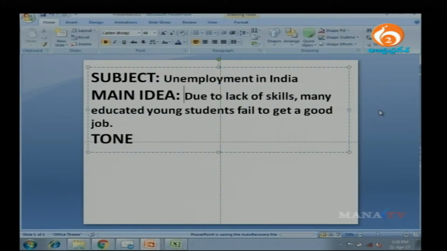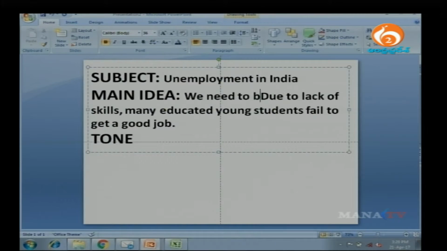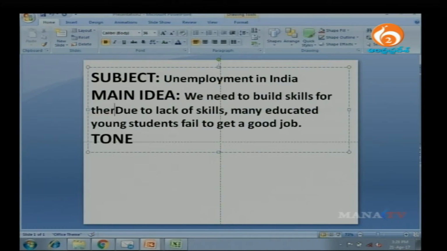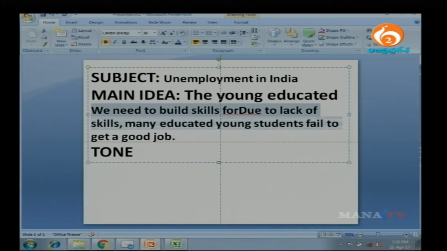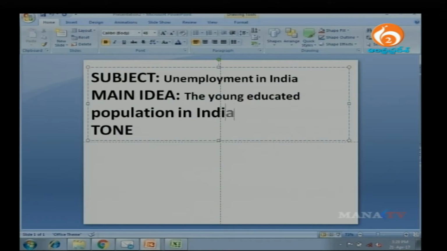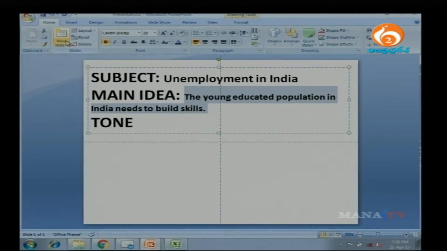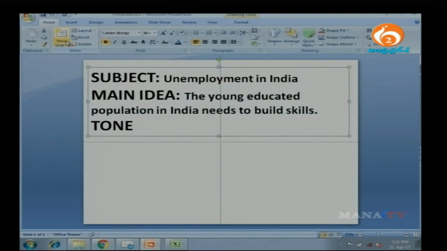The main idea is the young educated needs to build skills. So this is the main idea.